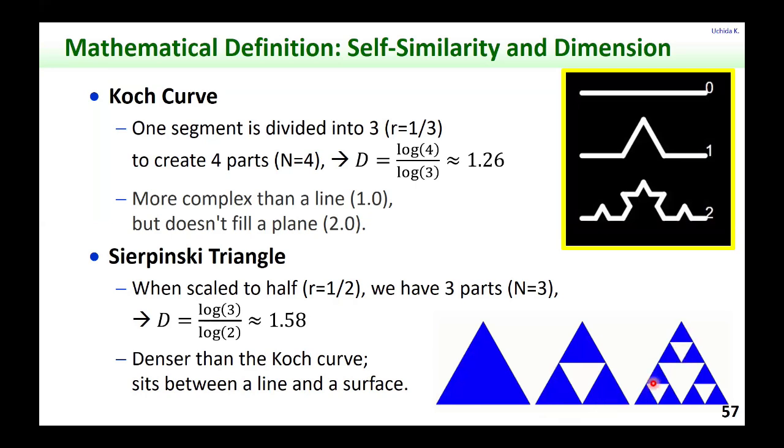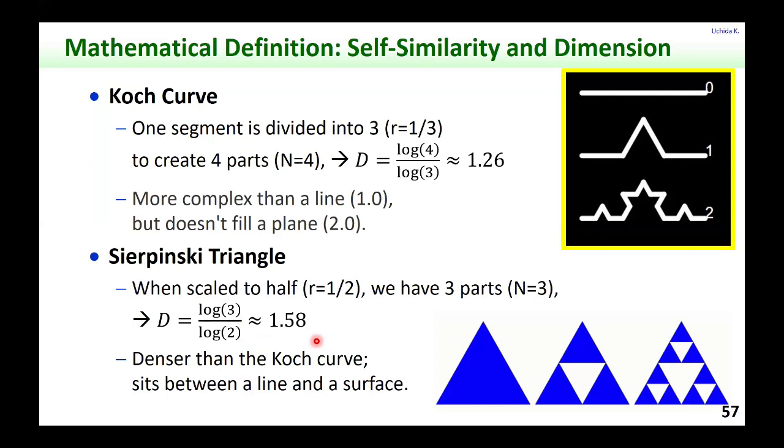Likewise, in this case, we have 3 times 3, so 9 triangles if you reduce it to 1/4. So the dimension can be calculated as log 3 over log 2. So it's like 1.58. This is what I mean by dimension of fractal figures.